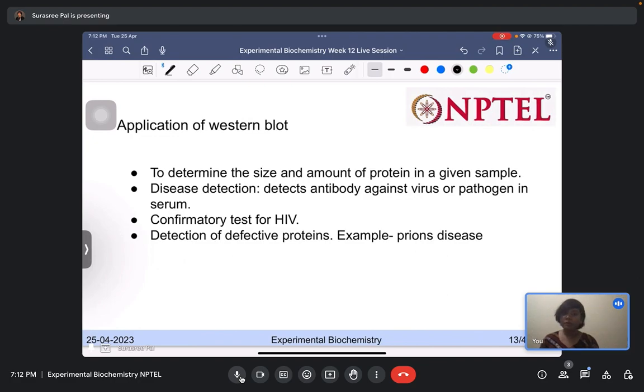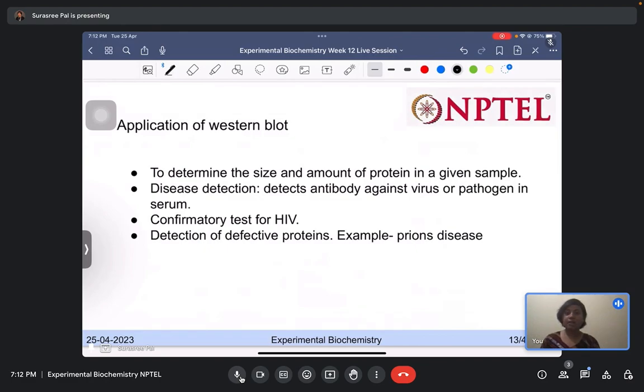By that we will be able to confirm that yes, we have been infected with this virus or pathogen, which is why we have this antibody against the virus in our blood serum, right? So that is a way of confirming an infection.